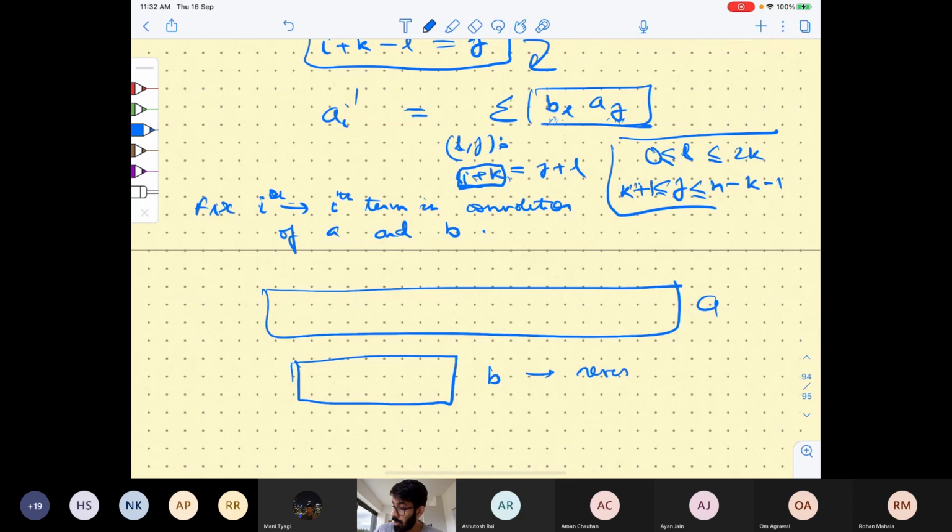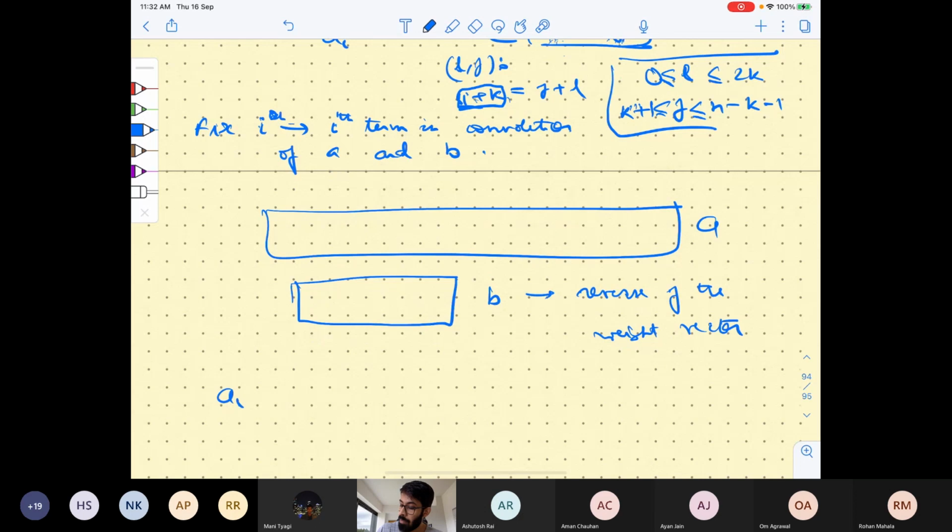The reverse of the weight vector that we wanted to slide. And then A_I prime is just the ith coordinate of the convolution of A and B. Okay.